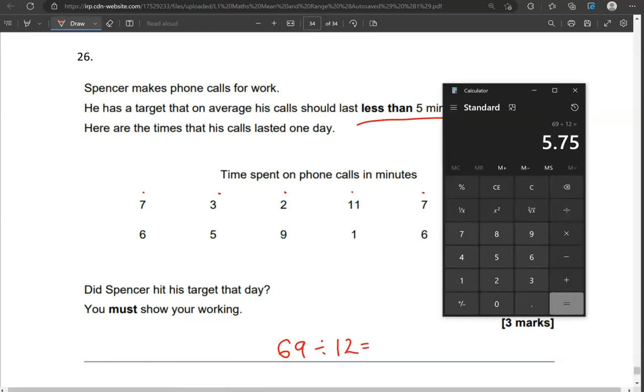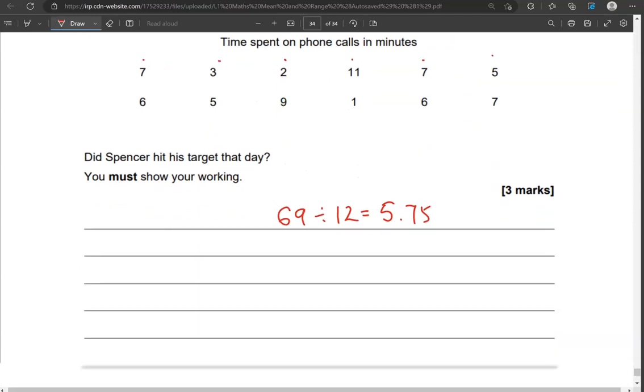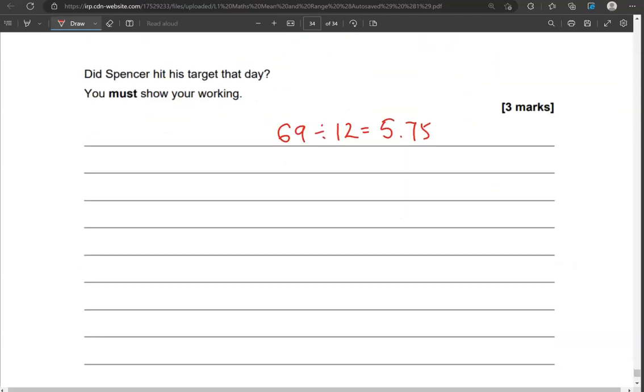Gives us 5.75, which is greater than 5 minutes, so not less. So did Spencer hit the target? I'm going to say no.